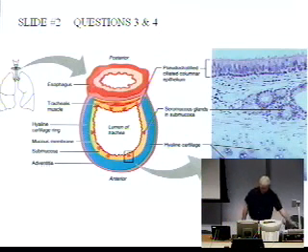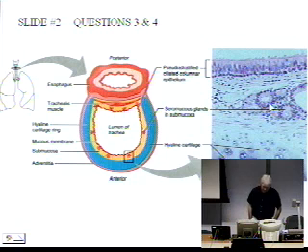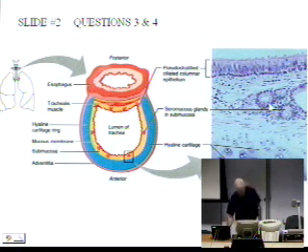Question number 3 from slide 2. Question number 3, you see these structures down in here. They're cut in cross-section, the lumen, and they have an epithelium. Identify the germ cell layer of origin of that epithelial lining.